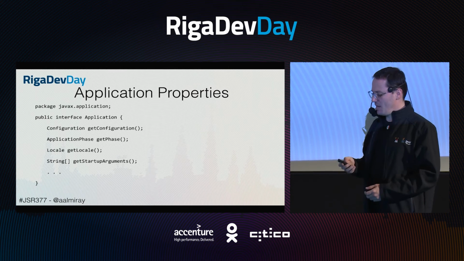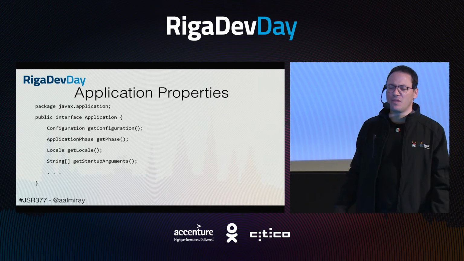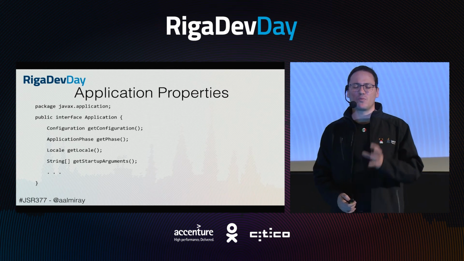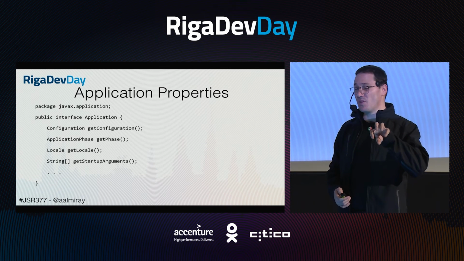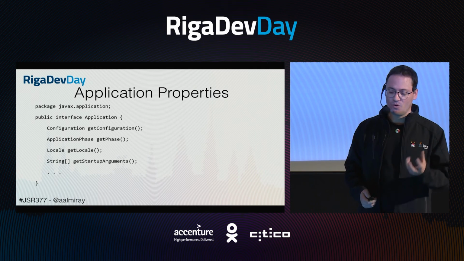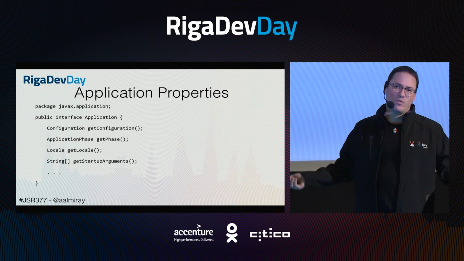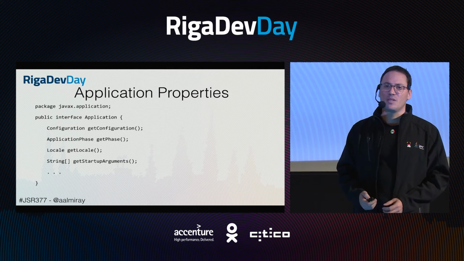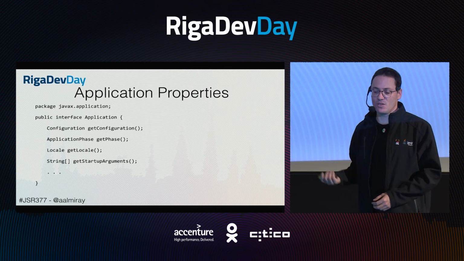You got a link to the phase, and perhaps you can think about the locale, if it makes sense to keep track of application-specific locale, which is different perhaps from the process locale, the current JVM process. And, of course, any startup arguments that you might want to pass to the application.